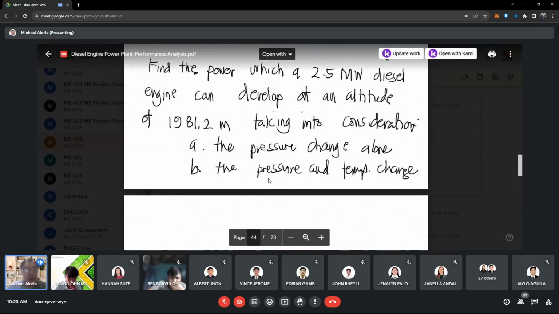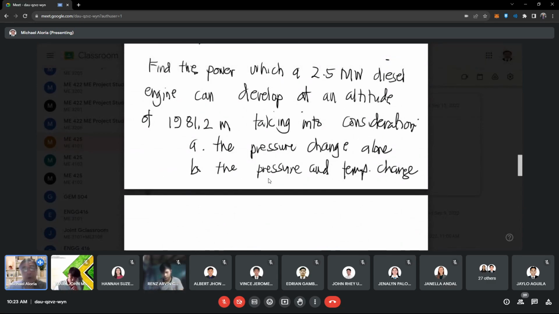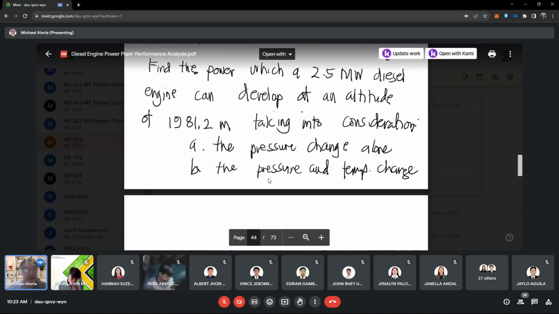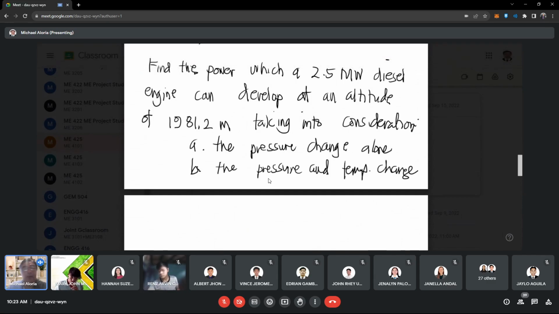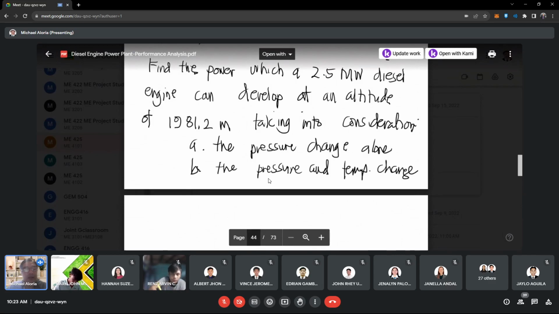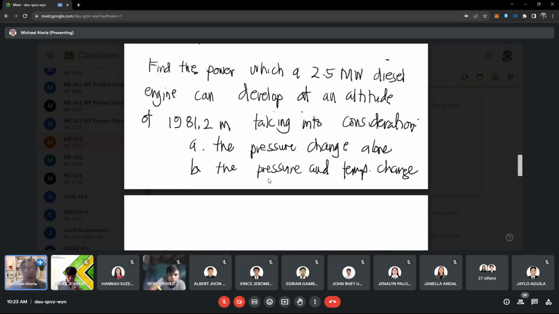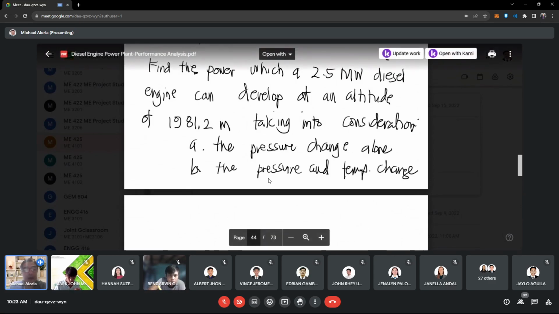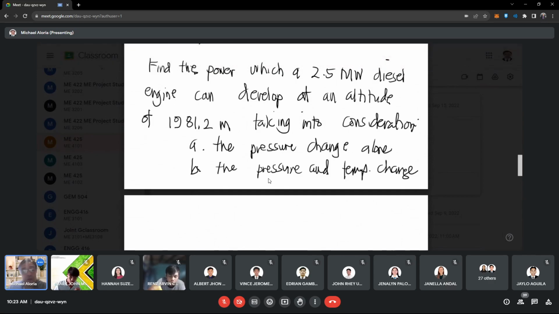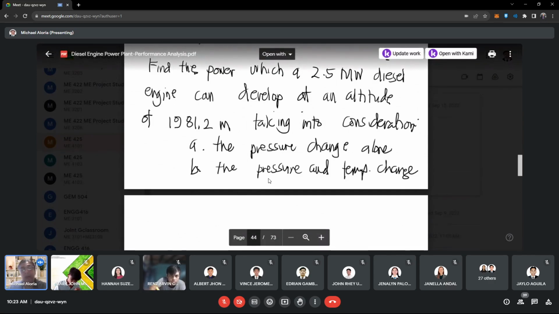You are required to find the power which a 2.5 megawatt diesel engine can develop at an altitude of 1,981.2 meters, taking into consideration A, the pressure change alone, and B, the pressure and temperature changes.